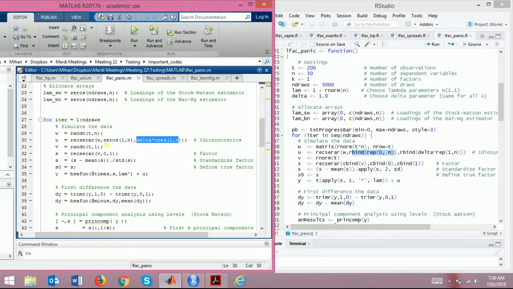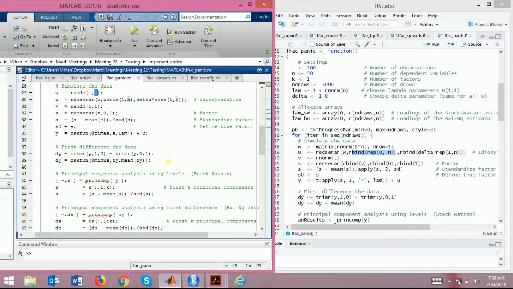N by k, p by k, p by k, n by k, p by k, p by k, again n by k, p by k, p by k. So this is n by k, t rows, and n by k, k is maintained, p by k, p by k, n by k, n by k, p by k, p by k. Remember that, again remember that is the basic of doing this math.